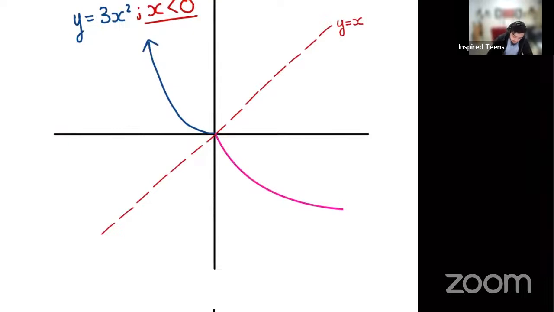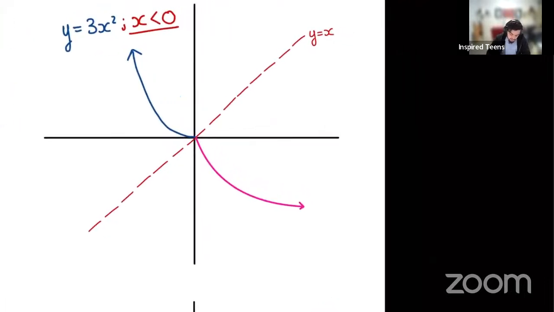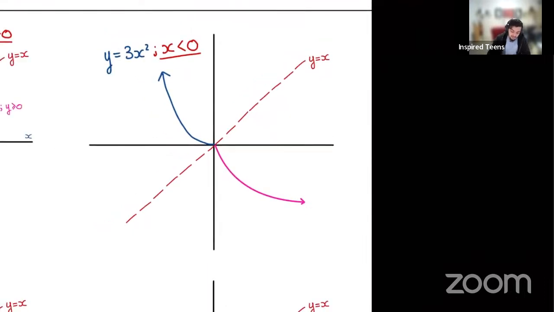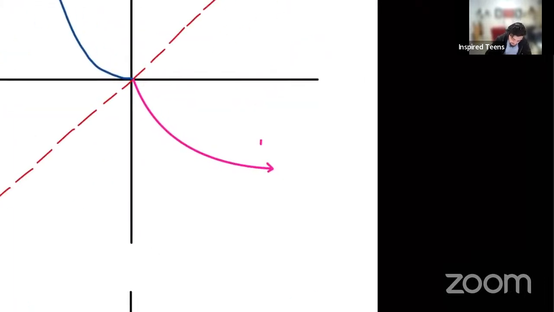Okay, it's not perfect. I think we can give up on trying to be perfect. So that's the reflection of this specific graph. So this is the y is equal to 3x squared, and then this would be the y is equal to negative square root x over 3.